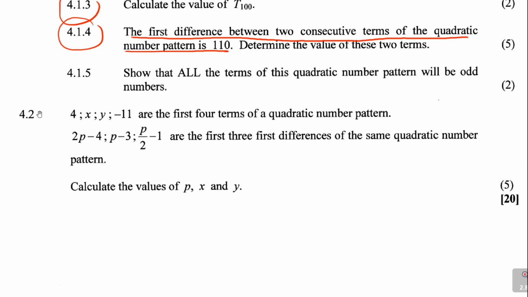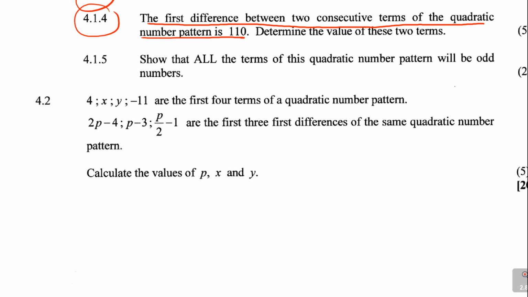Let's look at this 4.2. I think that's the last one. It says 4, x, y, minus 11 are the first four terms of a quadratic pattern. So let's do that. Let me do it this side this time. What do I have?